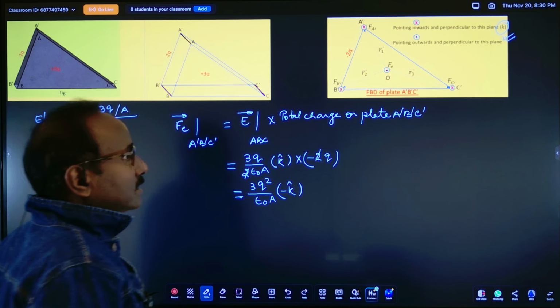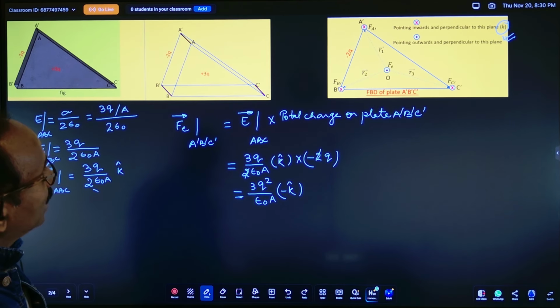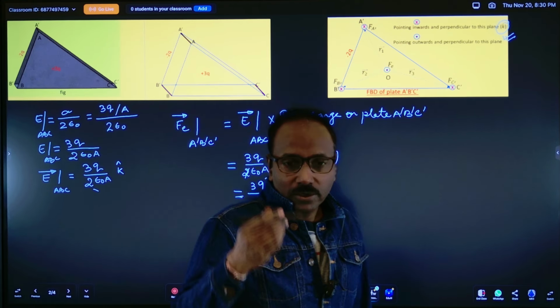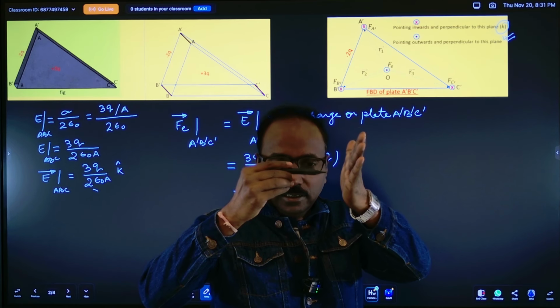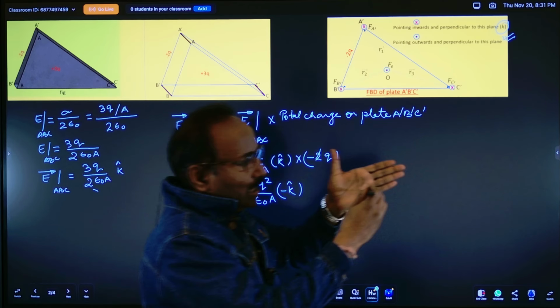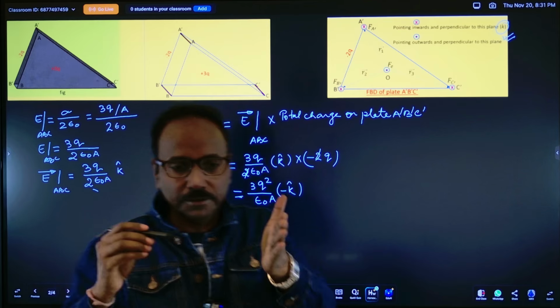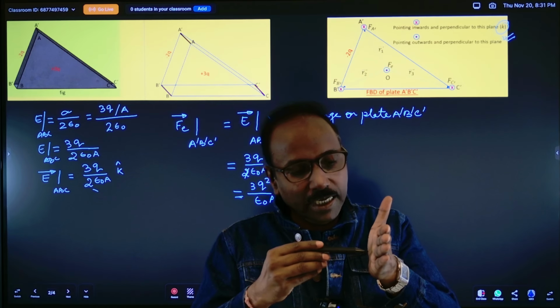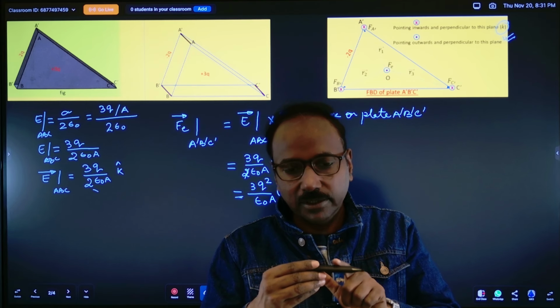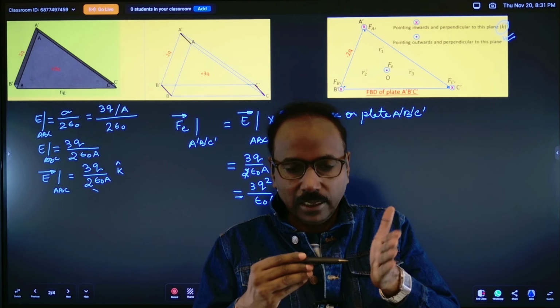So why at the A prime point should it be inward? Because the rod is under compression. So the plate is pushing it in, and the force will be this side. As per Newton's third law, the rod will push the plate out, this way.